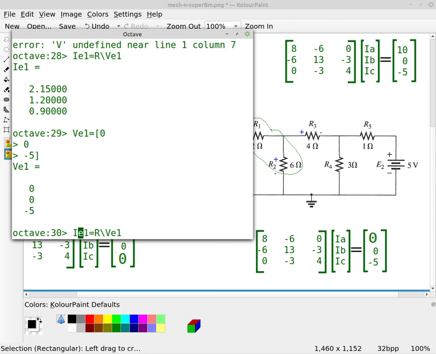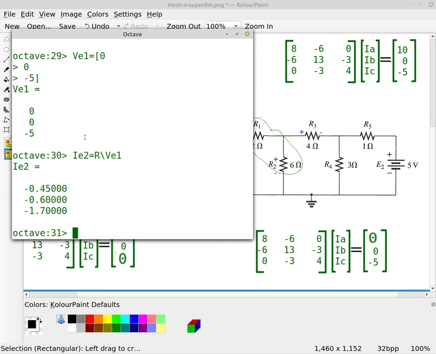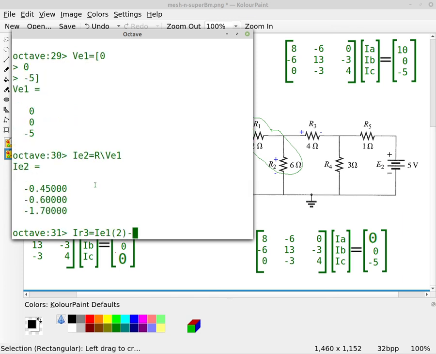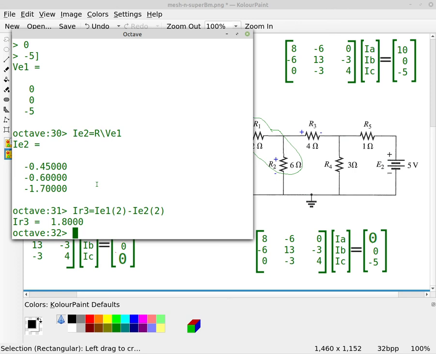And then we can calculate our I. I should have called it I2, I redefined over top of my other one, but we can calculate that current also. So we have that I for resistor 3 is equal to IE1, the second value, which was 1.2 right there, plus IE2.